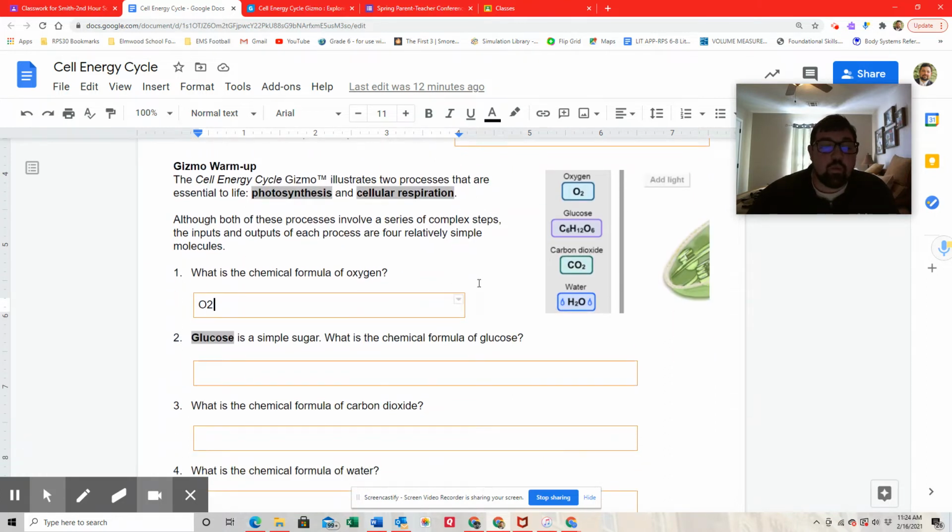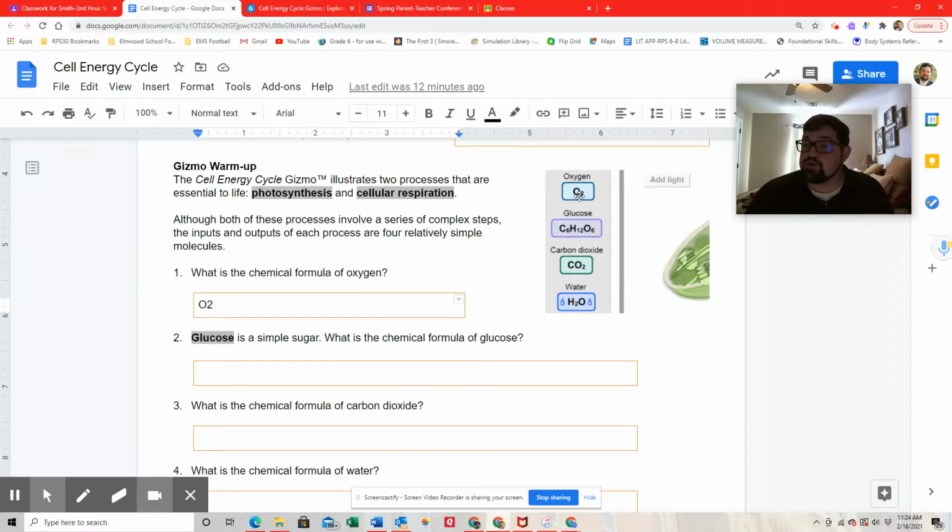And then the warm up here gives you a picture of all these, and you're just saying, what's the chemical formula for oxygen? When it says chemical formula, that's these symbols here. And that's what's different between sixth grade and maybe seventh grade, is now we've learned about elements. So we're going to talk about glucose, and we're going to know that glucose is C6H12O6.